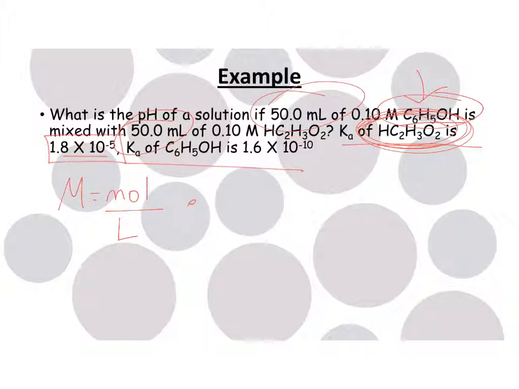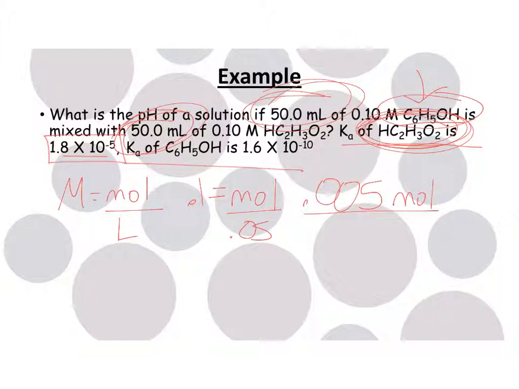So I've got a 0.1 concentration and 50 milliliters, which is 0.05 liters. So I've got 0.005 moles of the acetic acid. And then we know that it is in a new volume of 100 milliliters, which is 0.1 of a liter. And so that gives me a new concentration for my acetic of 0.05 molar.